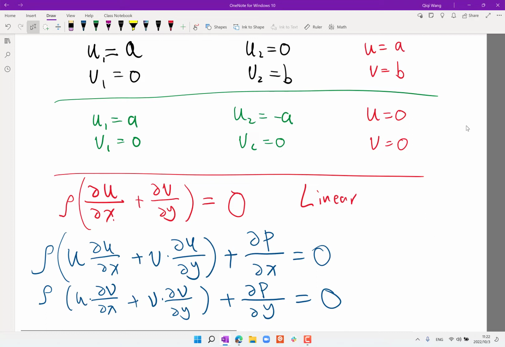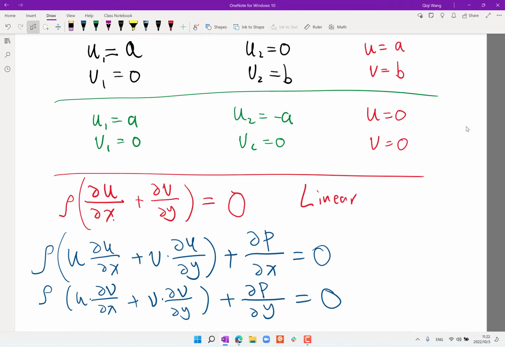Which means if I construct a particular pressure according to Bernoulli's law, for whatever flow field that is incompressible and potential flow, which means vorticity is equal to 0.